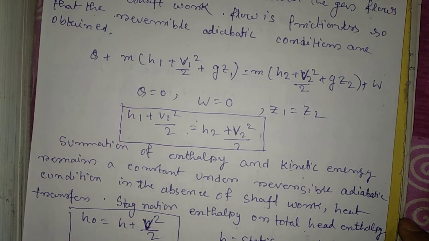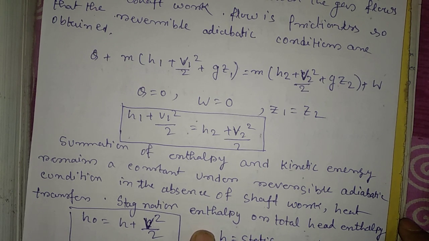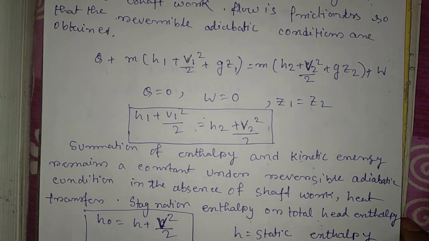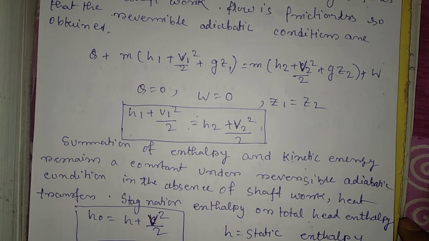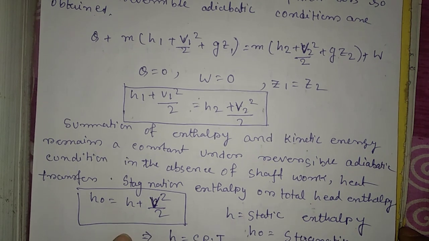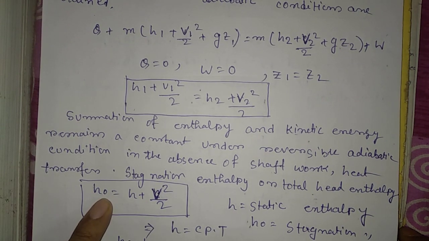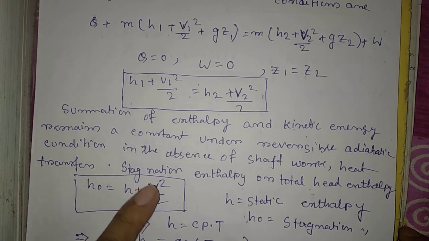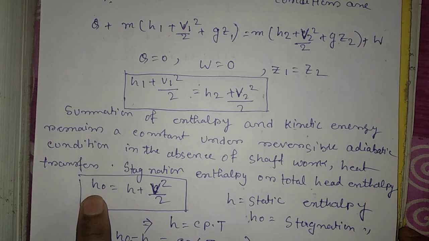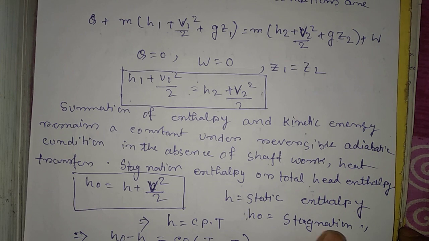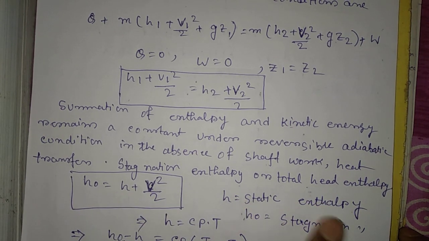Now, the stagnation enthalpy or total head enthalpy, the isentropic stagnation enthalpy, can be defined as h0, which is equal to h plus V²/2, where h0 is your stagnation enthalpy and h is your static enthalpy.